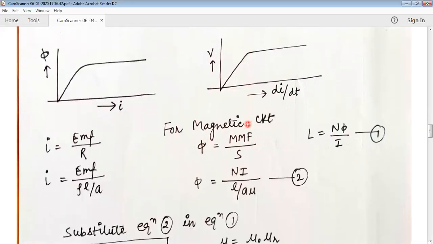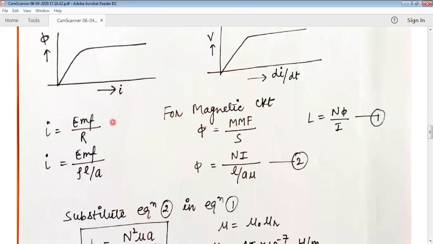Now in an electric circuit, current equals what? EMF divided by R, and resistance you can write as rho L by A. But for a magnetic circuit, it is the same. Flux is analogous to current, and MMF is analogous to EMF.